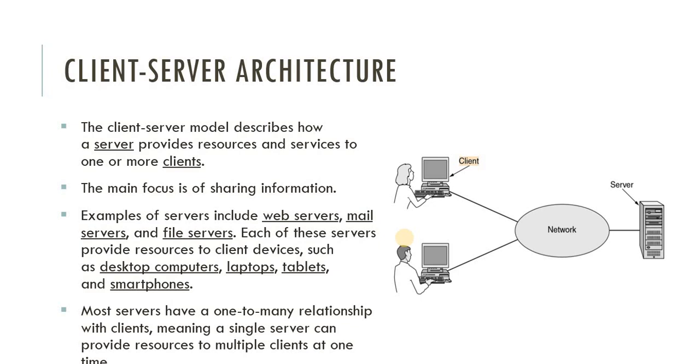And the client-server architecture has a one-to-many relationship. It means one server and multiple clients are connected over the network. So this is the simple structure of the client-server architecture.